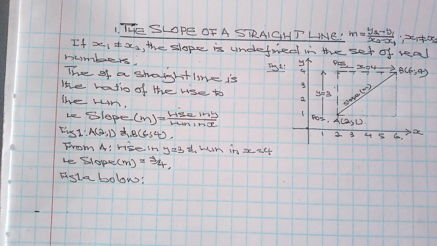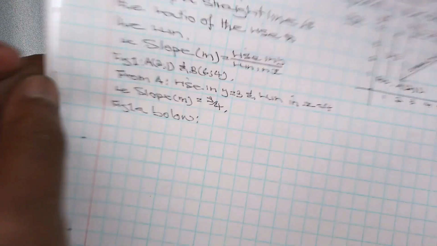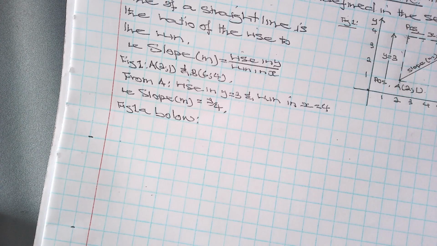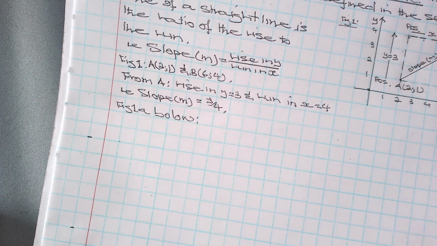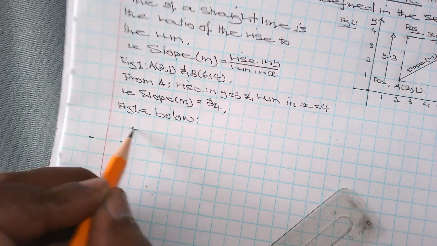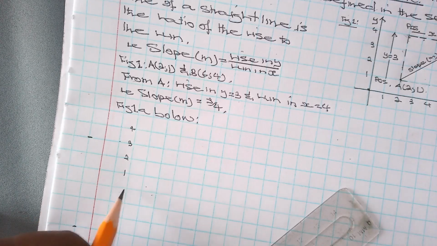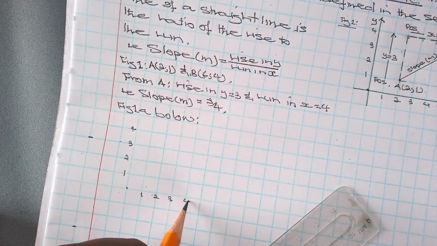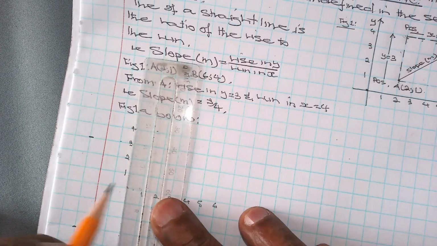Right. I'm going to sketch the graph. Where is my ruler? Here is my ruler. Then we have 4, 3, 2, 1, 0, 1, 2, 3, 4, 5, 6.